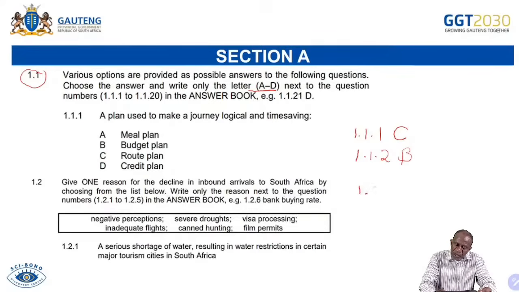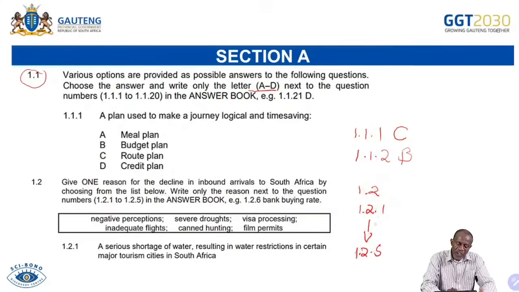So for question 1.2, you are going to write 1.2.1 up to 1.2.5. 1.2.1 says a serious shortage of water resulting in water restriction in certain major tourism cities in South Africa.